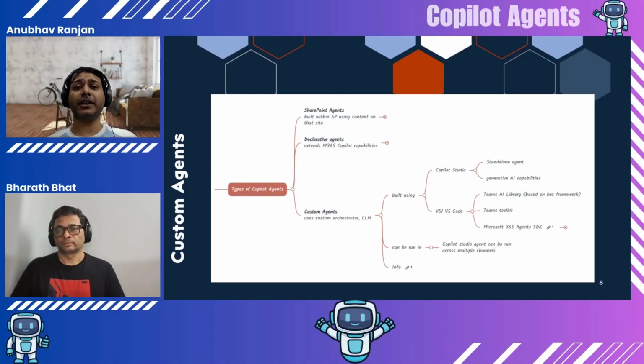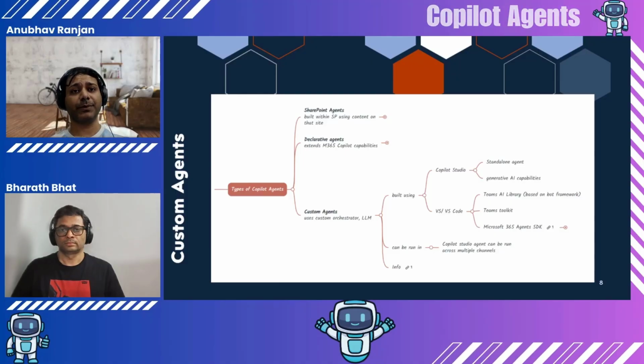Or maybe you are running your own LLM. It doesn't matter. If you just want to use your own LLMs, you need to use custom agents for that as well.